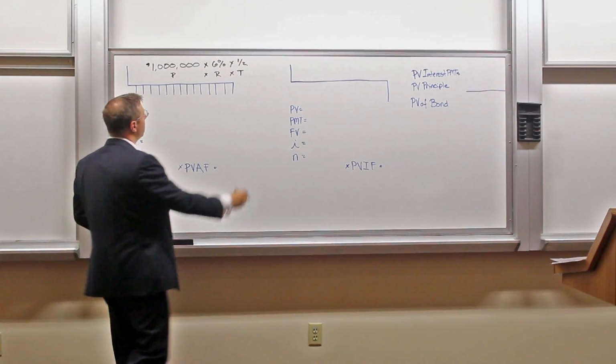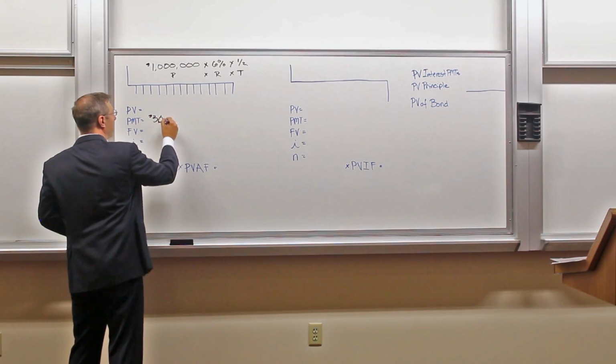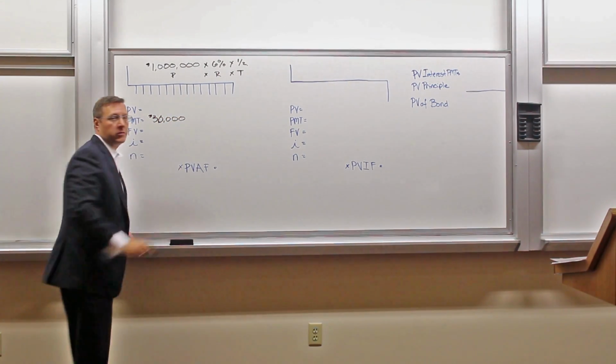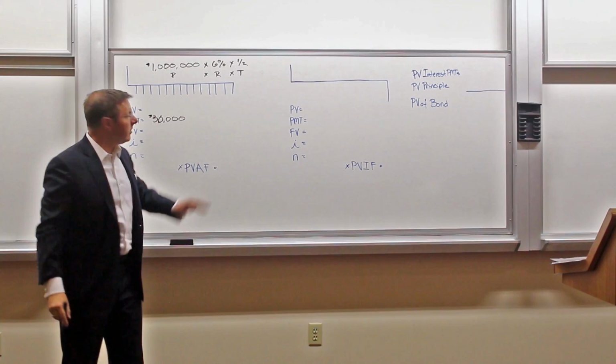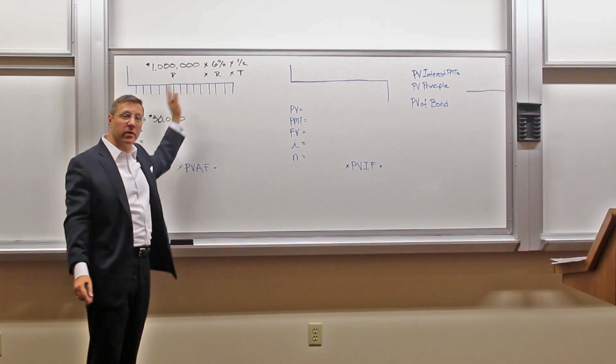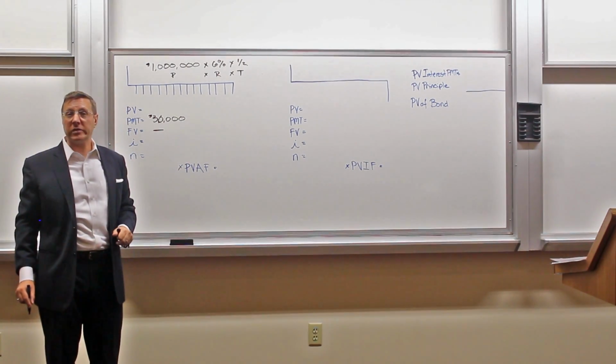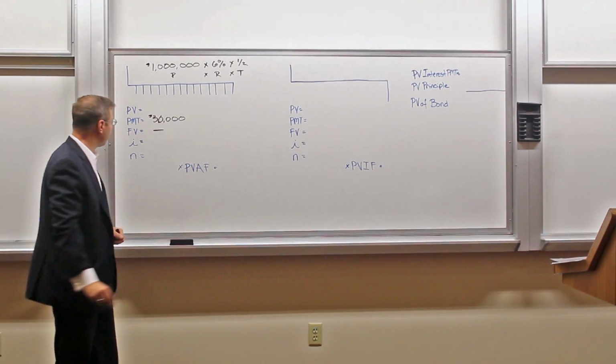That amount is going to be $30,000. So every 6 months, the company is going to pay out $30,000. In the future, at the end of this period of time, there's no additional payment that we're going to calculate at this point in time, so our future value is currently 0 for this part of the problem.